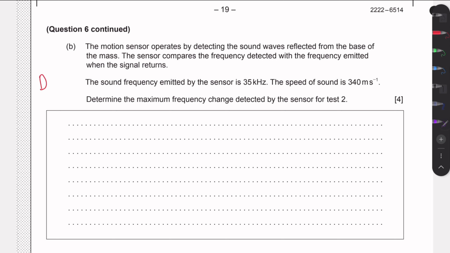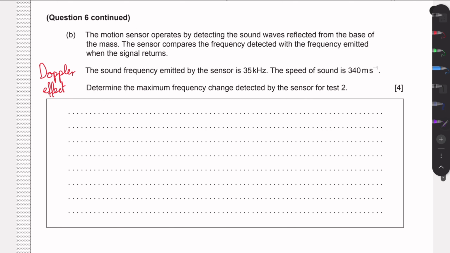So this is going to be about the Doppler effect, as we are dealing with changes of frequencies, and when sources and observers have a different speed relative to each other, they will observe the Doppler effect. So the observed frequency will change. This is the Doppler effect.